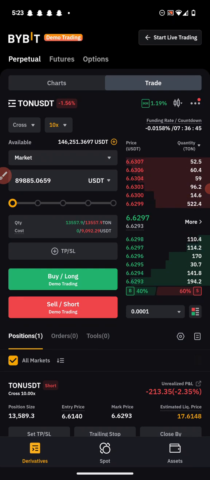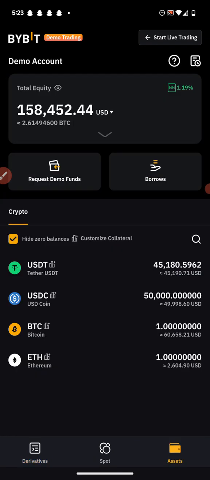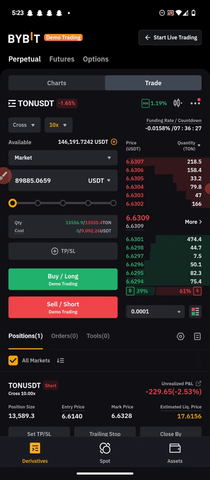What I mean by that is, if you use isolated, maybe you isolate $10 for a particular trade, immediately that trade gets to minus 100, that trade will get liquidated and then the $10 which you isolated is gone. But for cross, immediately it exceeds minus 100, you start having minus 101, minus 102 till minus 200.